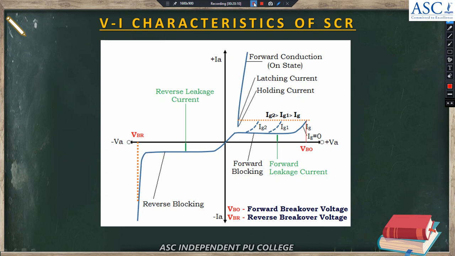There are two characteristics. One is said to be forward characteristics and the other one is said to be reverse characteristics.